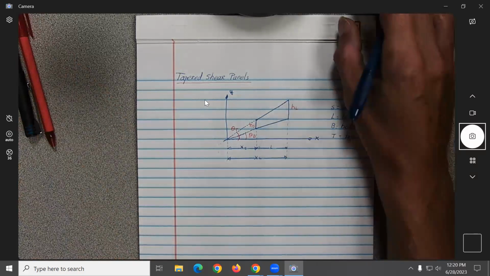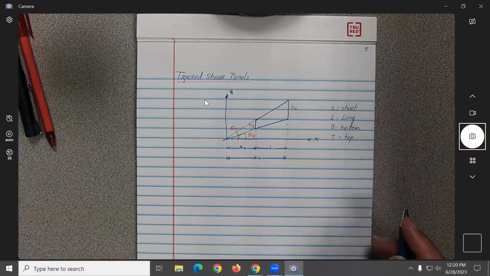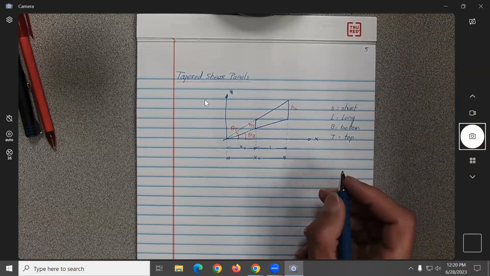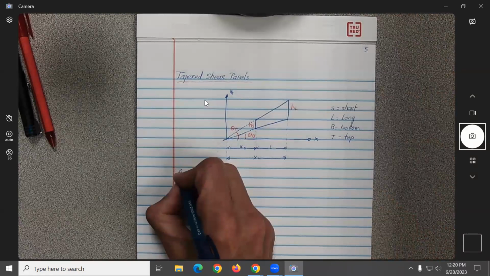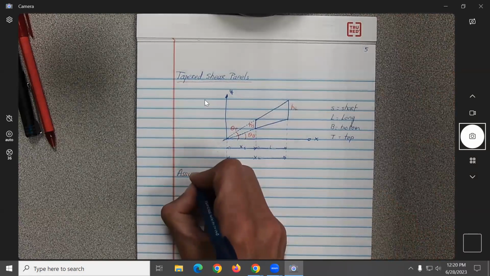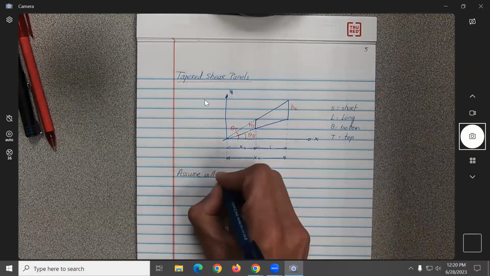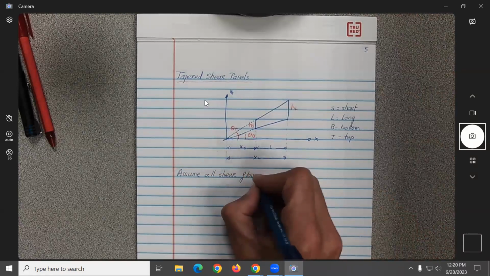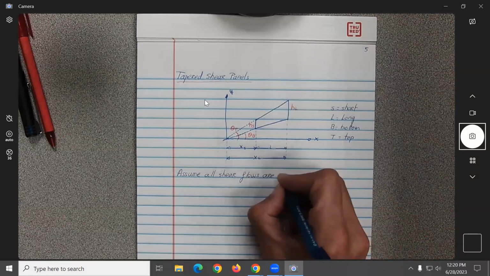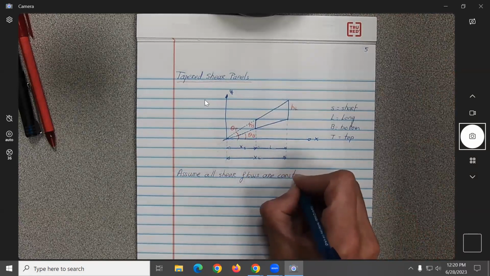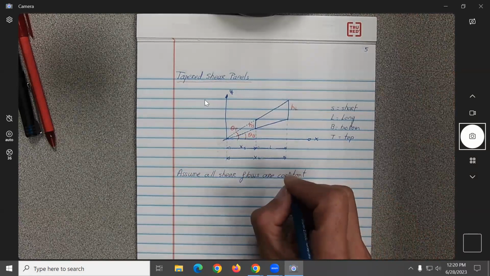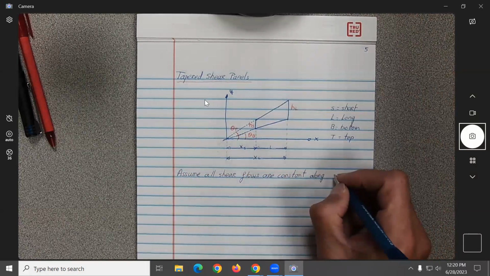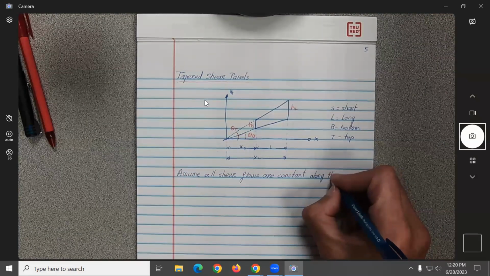Okay, I don't want to put too much on that figure, so I'm going to create another little figure. So let's say, and assume, all shear flows are constant along the edges.